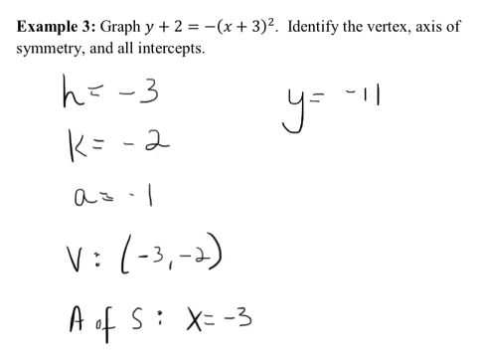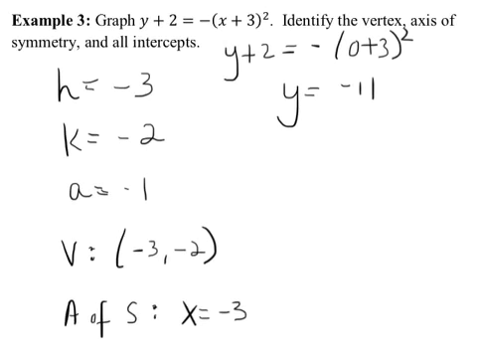Wait, so when we square the 3 to get 9, but it's negative of that. So this is going to be... Okay, like that. So the y-intercept is 0, -11.